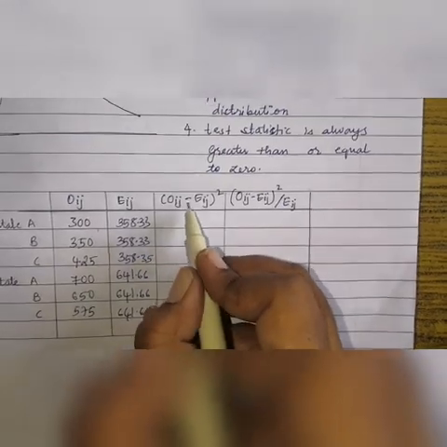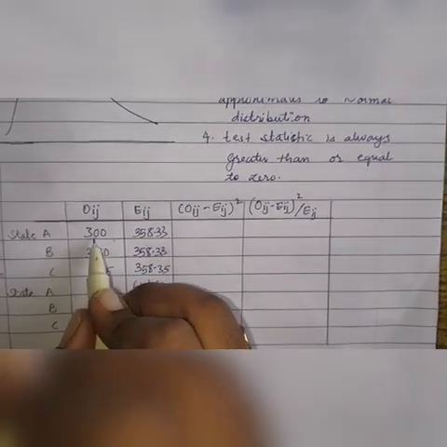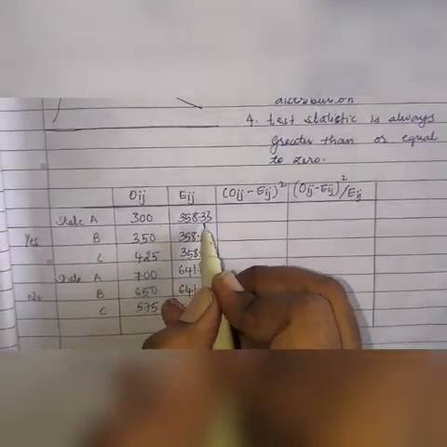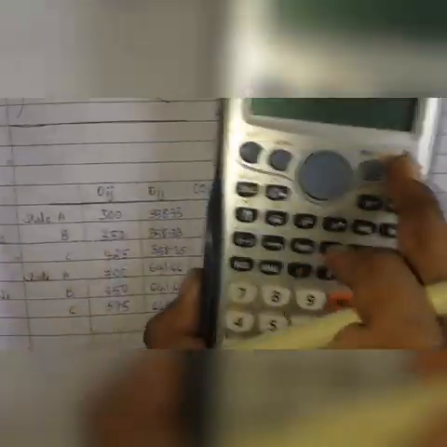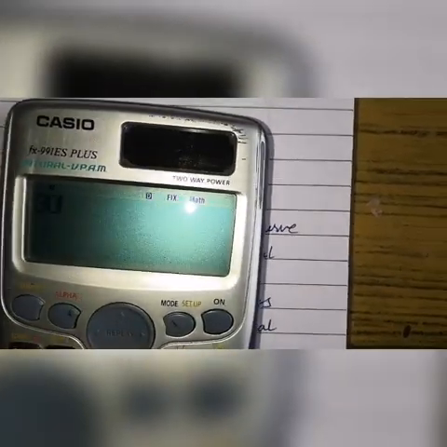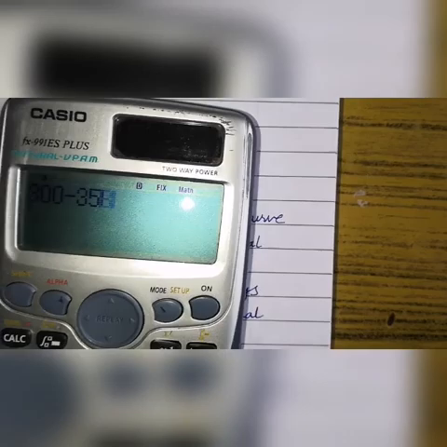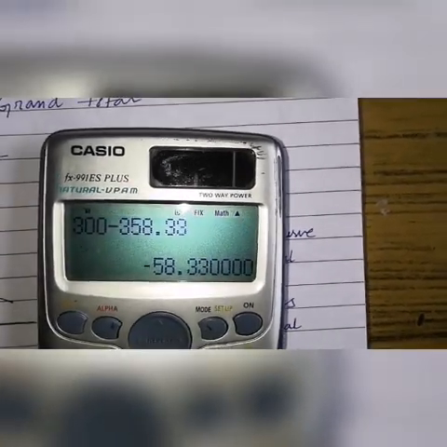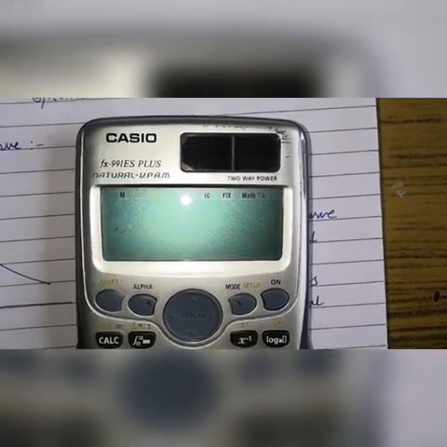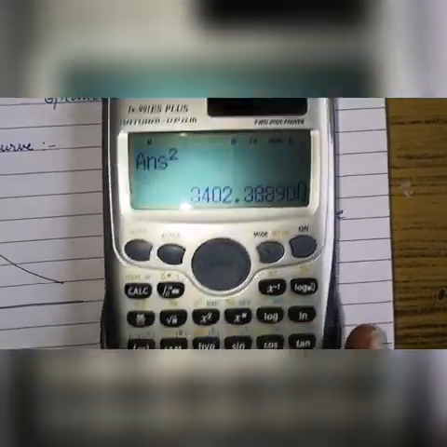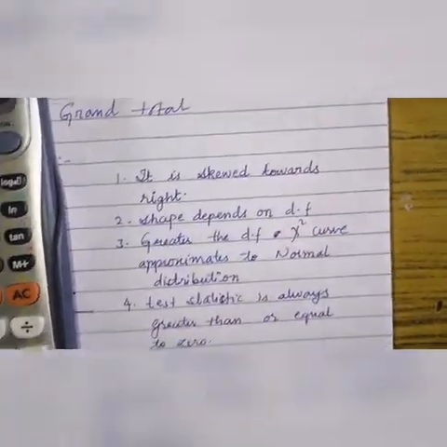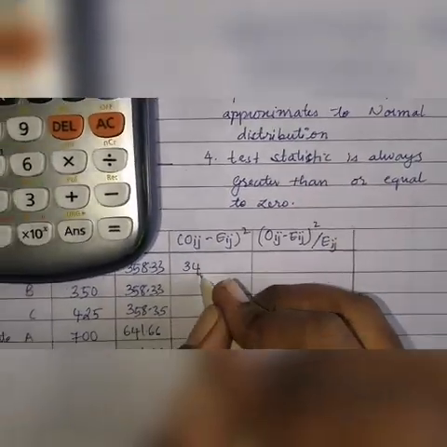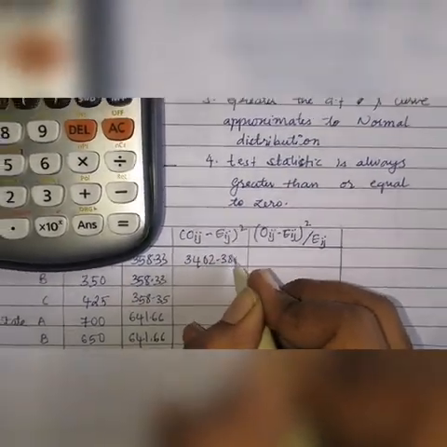Now (Oij minus Eij) whole square. So Oij is 300 minus 358.33, which is minus 58.33. The square of minus 58.33 is 3402.38.